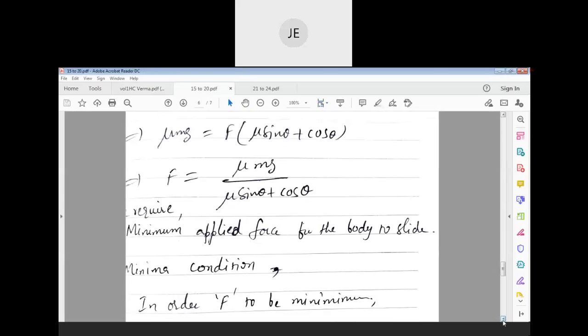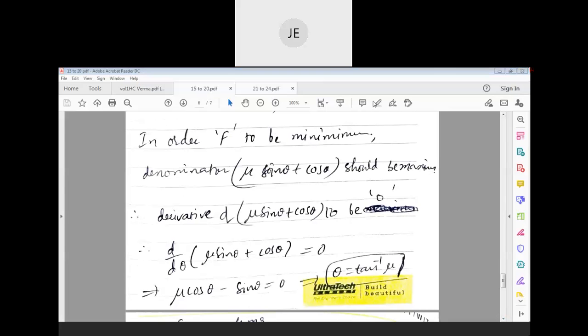Mu sin theta plus cos theta should be maximum. So for the maximum condition, if you apply differentiation, the derivative of mu sin theta plus cos theta should be 0. We know that for the maximum and minimum condition, the derivative of that particular thing should be 0.